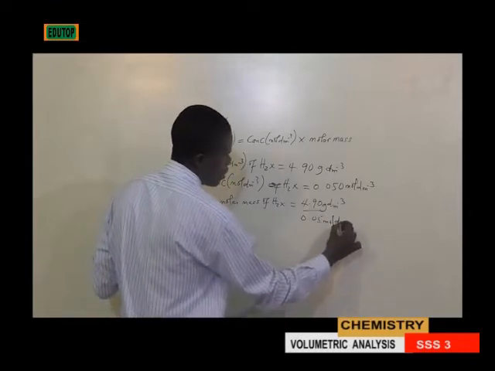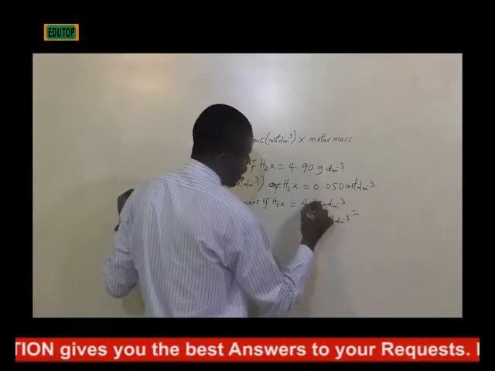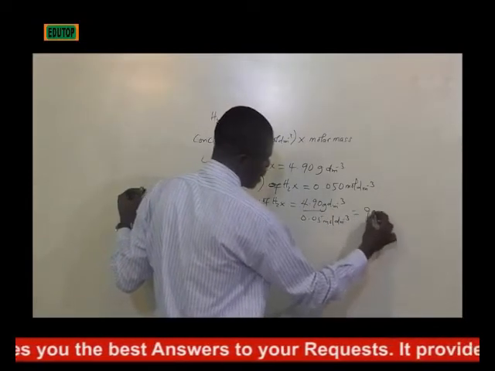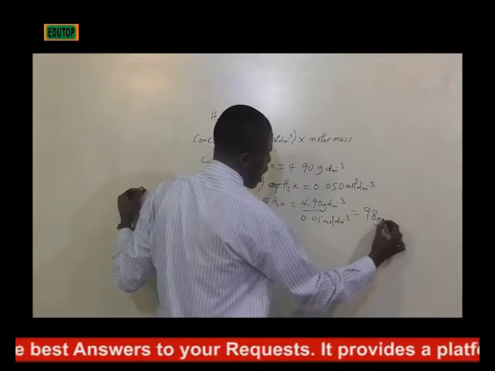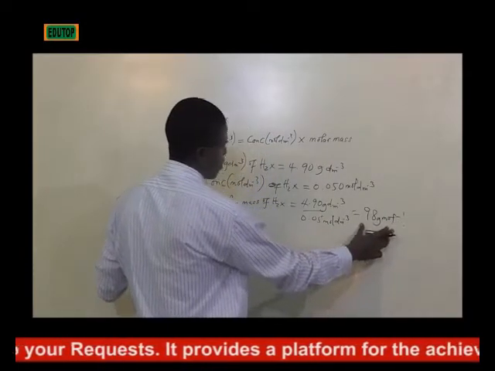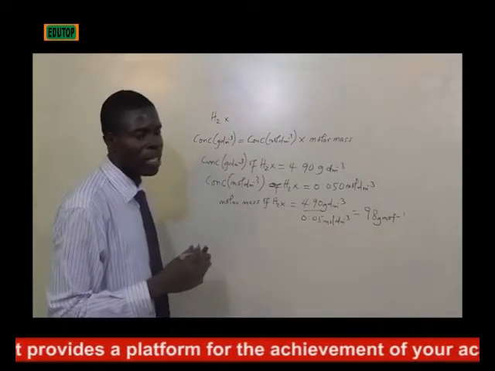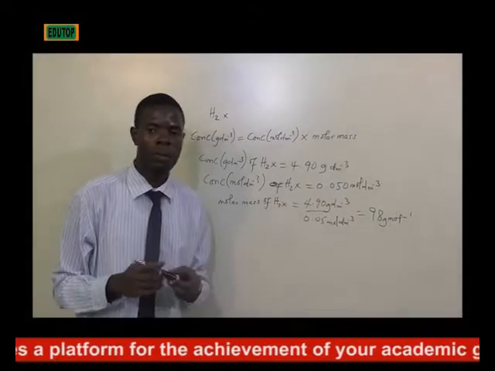So at the end, when this is divided by this, we'll have 98 gram per mole. So this is the molar mass of the acid H2S, which is 98 grams per mole.